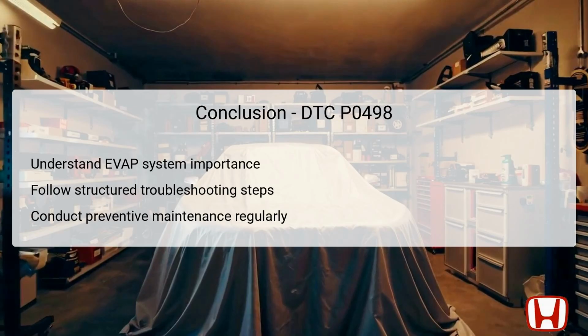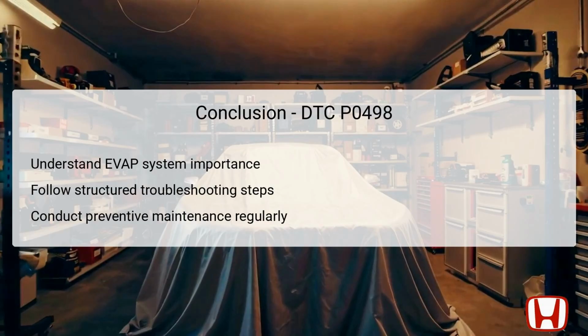In conclusion, understanding the significance of the EVAP system is critical for proper vehicle maintenance and compliance with environmental regulations. The DTC P0498 points to a specific issue concerning the EVAP canister vent shut valve, which can have adverse effects on emissions performance.